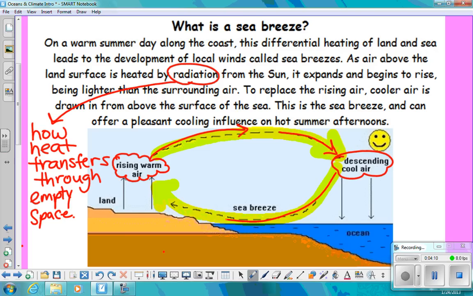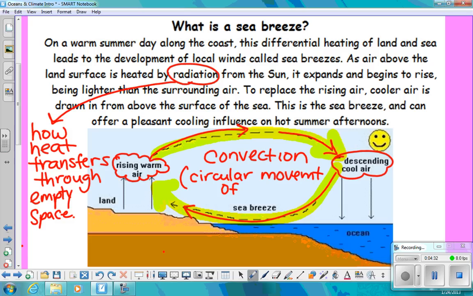As it comes across the surfaces of Earth, the oceans and the land especially, it starts to get warm again and it starts to rise. That is called convection. That circular movement of air. That is how heat gets transferred in the atmosphere by moving that warm air and that cool air.